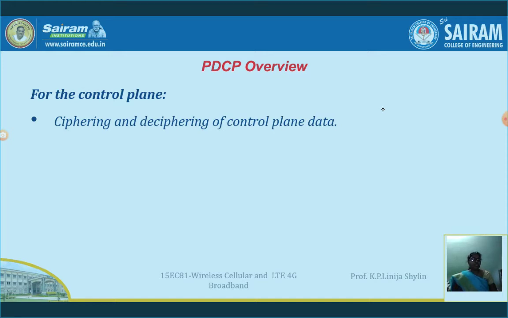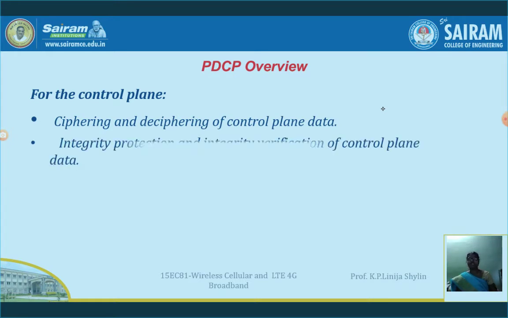It is done by an XOR operation of the data unit with the ciphering stream. Next is integrity protection and integrity verification, which is one type of security for the data. After the security is done, we transfer the control plane data.